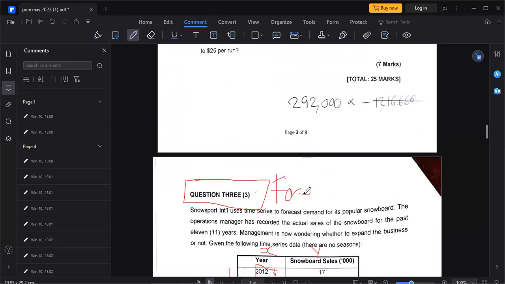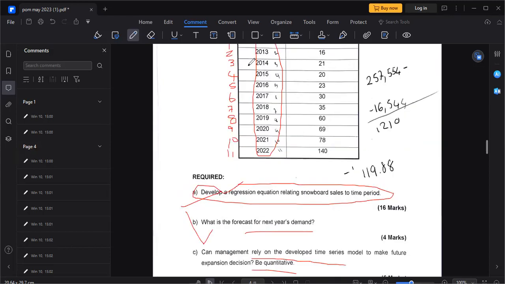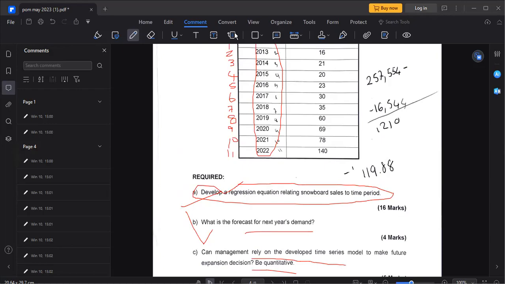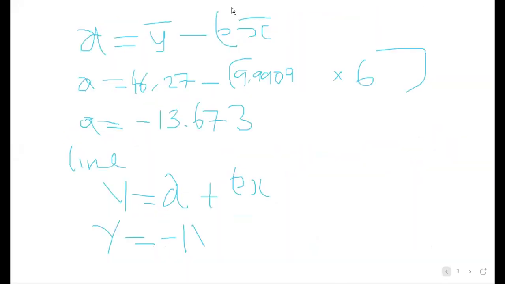It was forecasting and regression analysis, where you identify the X and Y variables. This is what was involved in this question.